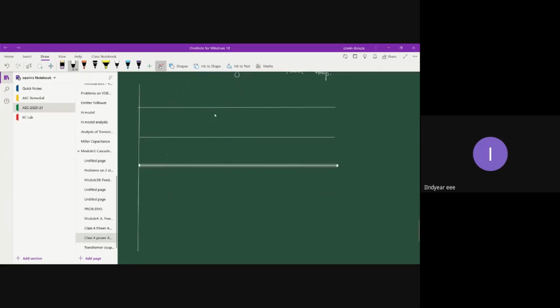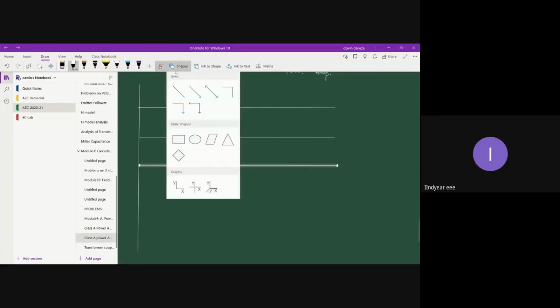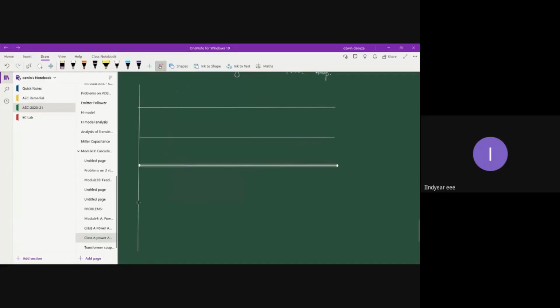So this is the time axis for source current, then base current, and then base current 2. Similarly, IC1 and IC2 I need to draw. Say this is for IC1, and the other for IC2. And then finally we have our load current.